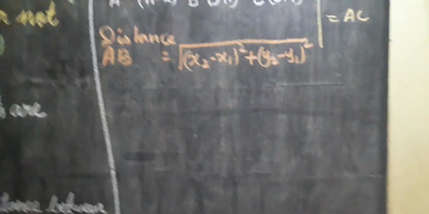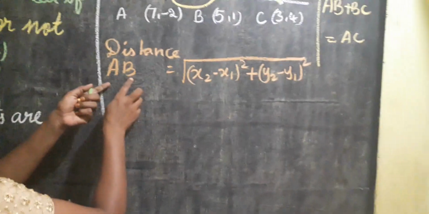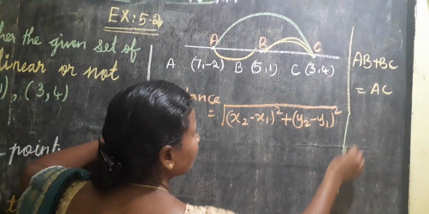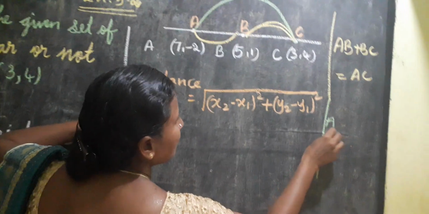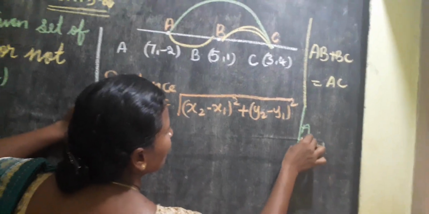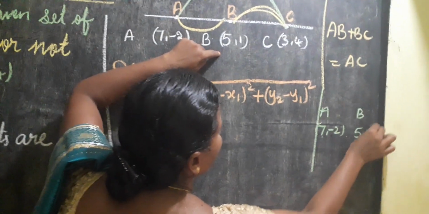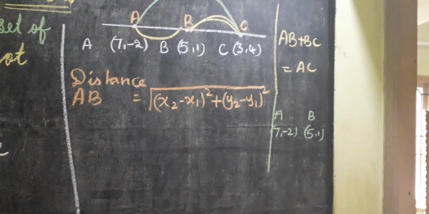Now we have to take the values of A and B. What is the value of A? 7, -2. And what is the value of B? 5, 1.